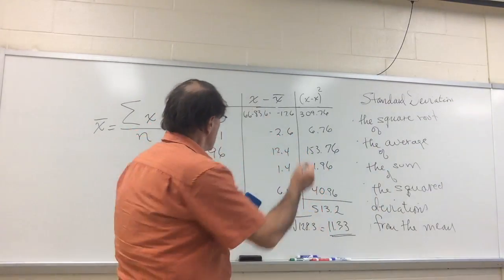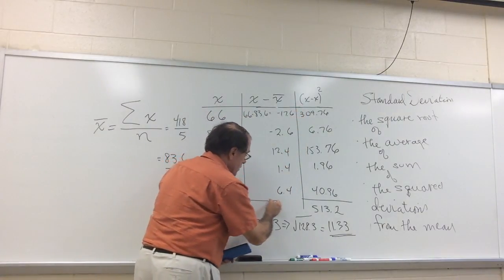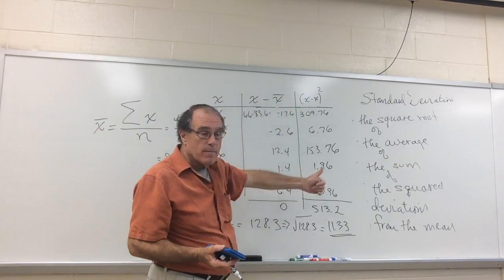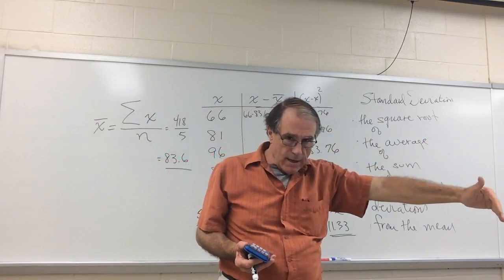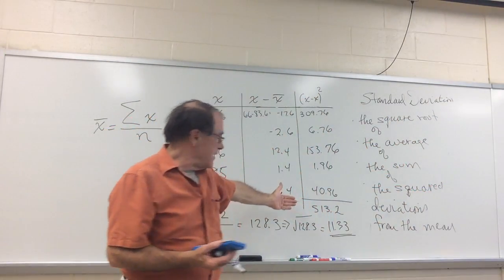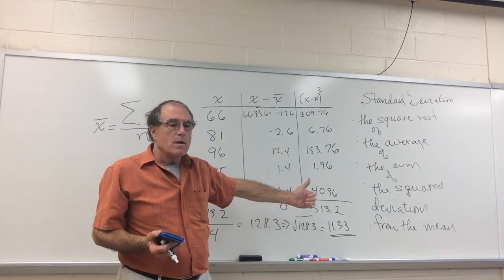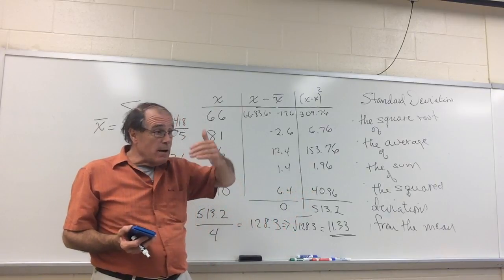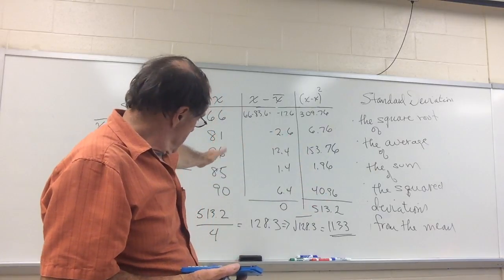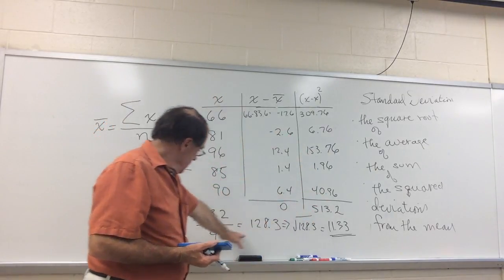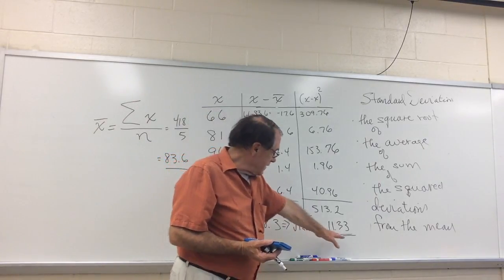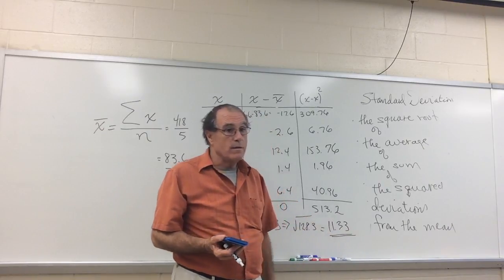Therefore we square each number. We add those squared deviations and get 513.2. Because it's a sample, we divide by 1 less than how many numbers we have, so we divide by 4. Then we take the square root, and this gives us a standard deviation of 11.33.